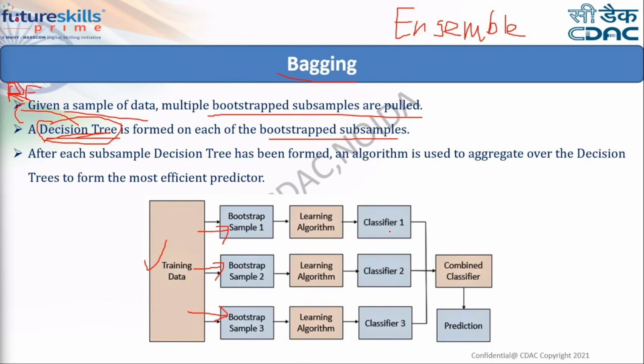Then it will classify, the results will be combined, and a final result will be given. That result will be the prediction. This is the same diagram which I explained earlier.